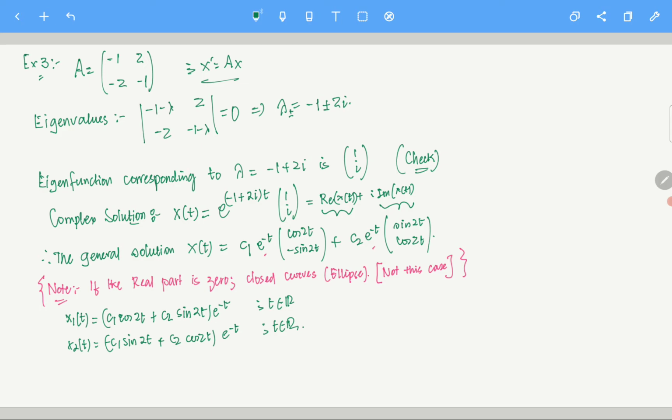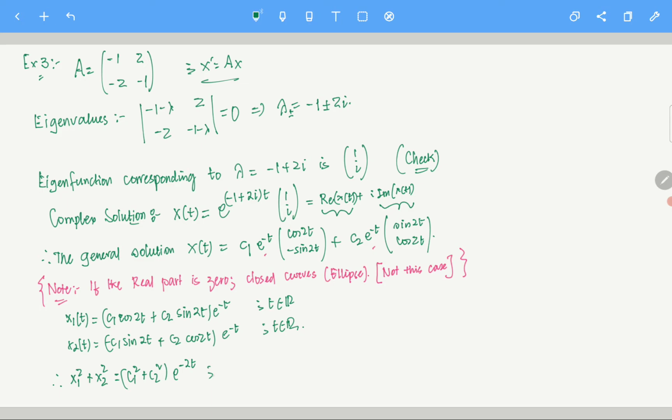If I want to draw the phase portrait from x1 and x2, it is quite clear that if you just square it up, x1 square plus x2 square is going to be c1 square plus c2 square times e power minus 2t. I hope this is clear.